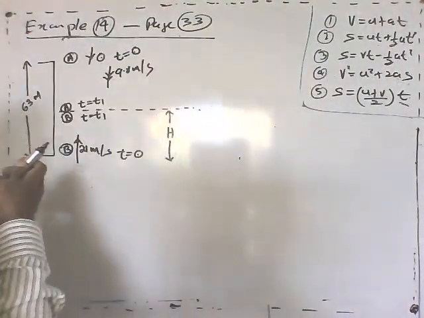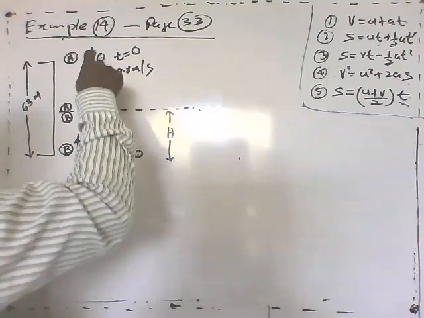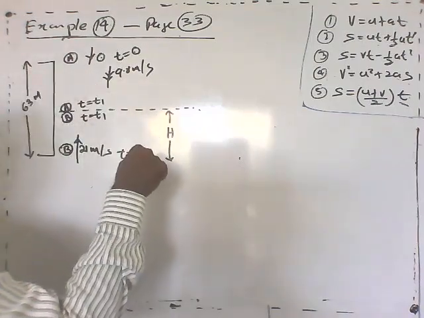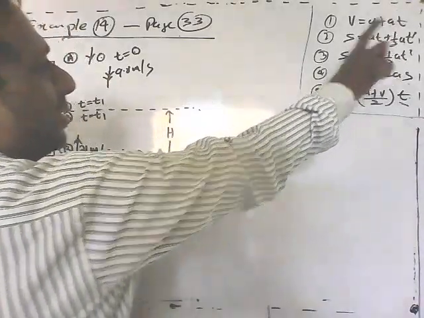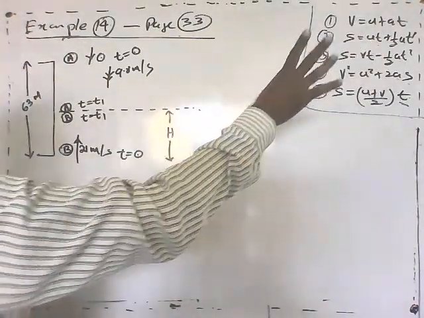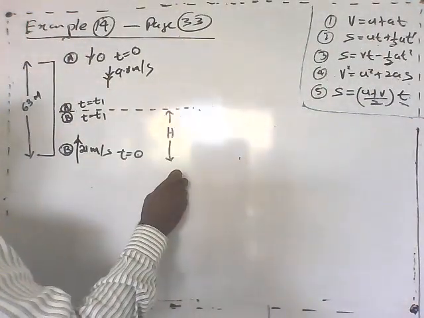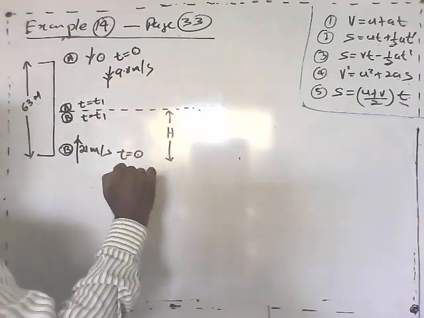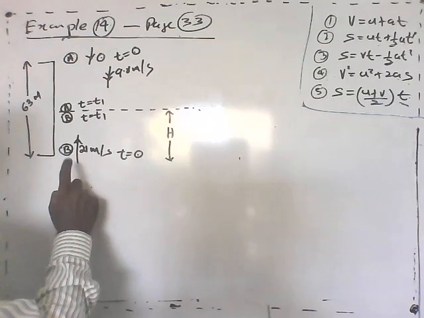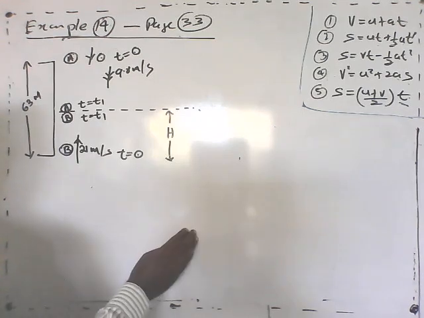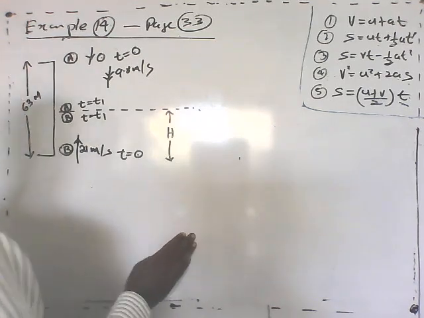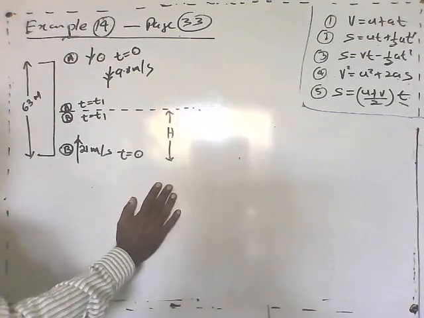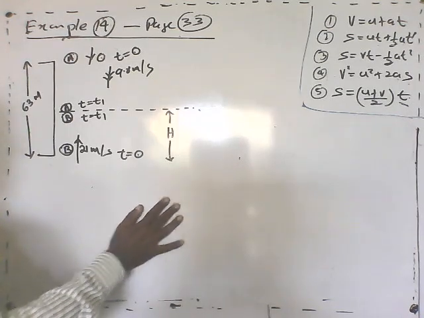For A the distance is 63 minus h, time t1, initial velocity 0, acceleration 9.8. For B the distance is h, also time t1. So we get two equations with h and t1, and we can make t1 the subject maybe. We'll see what happens.